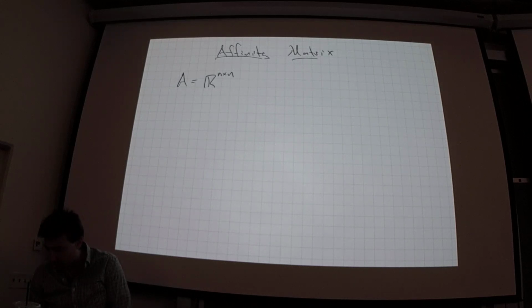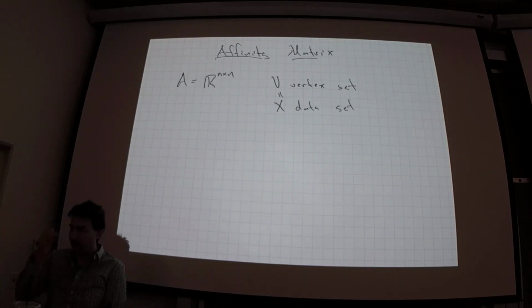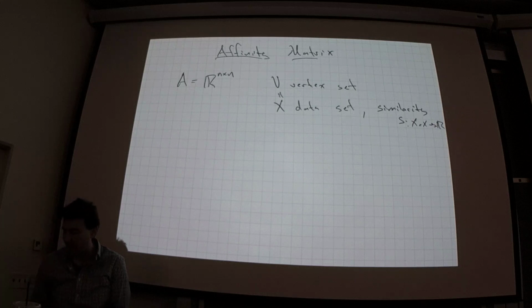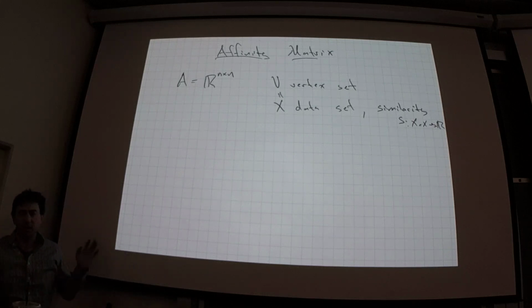This vertex set is actually going to be equal to my data set, and instead of edges, I'm going to be given a similarity function, S. So instead of a distance, I have a similarity, right?